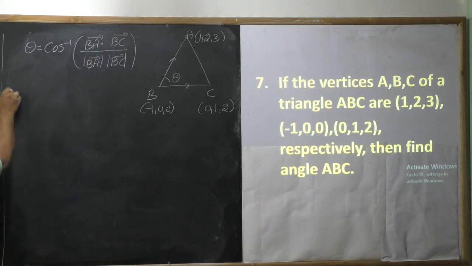In that, the first one is, what is vector BA? Here in this vector, B is the initial point, A is the terminal point.